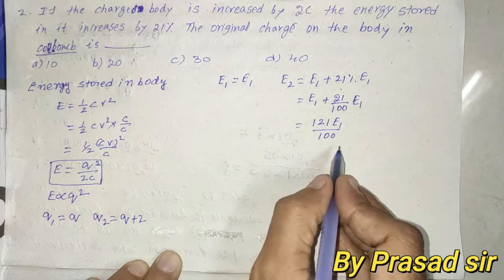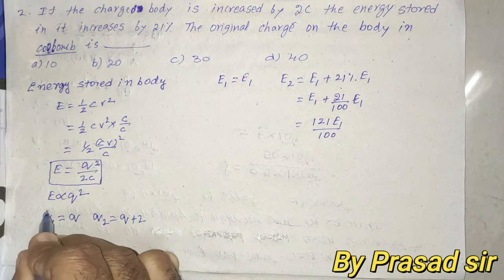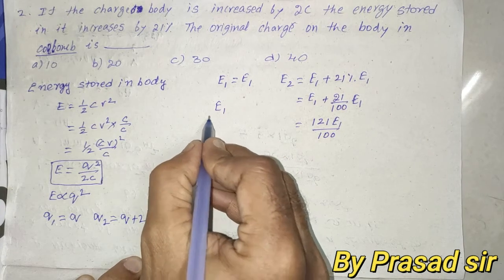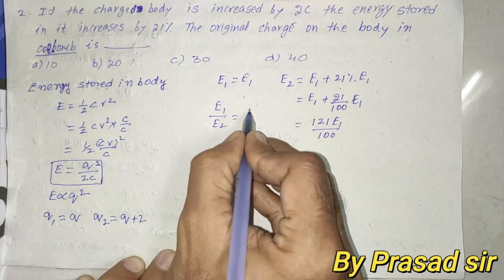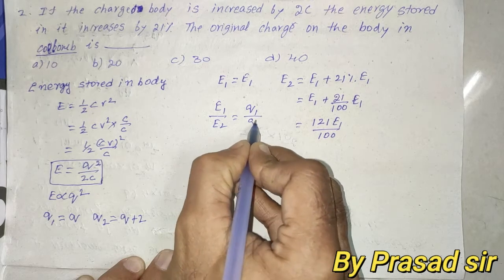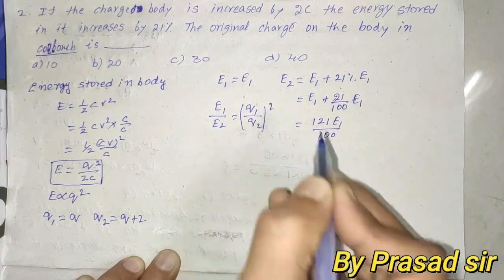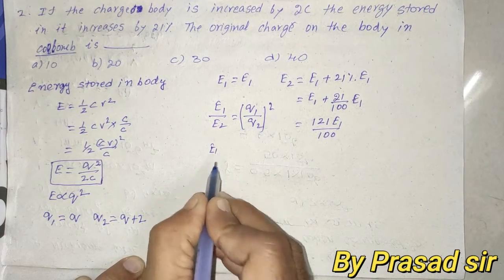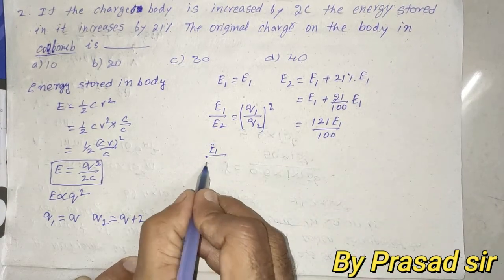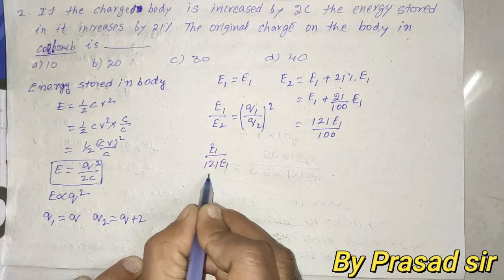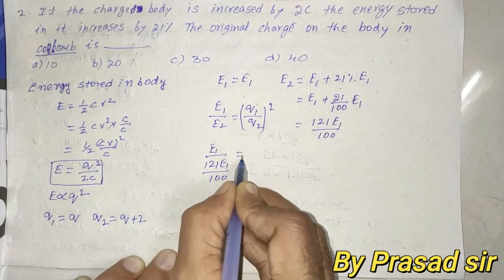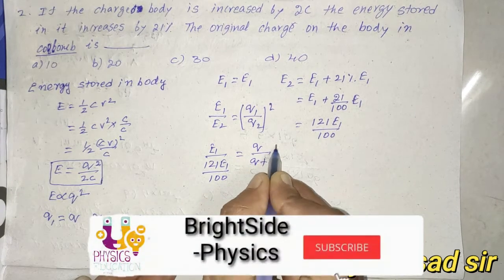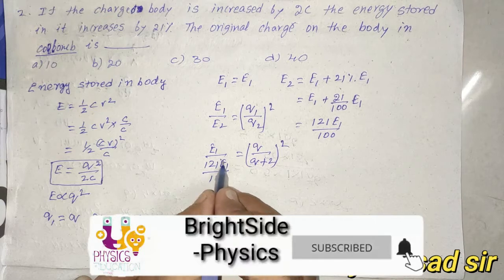E1 value we know, E2 value we know. But here the relation is between E and Q square. So E1 divided by E2 is equal to Q1 divided by Q2 whole square. Here E1 divided by E2 is equal to Q1 divided by Q2, that is Q divided by Q plus 2, whole square.